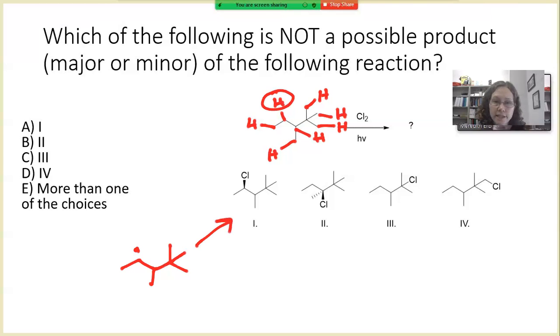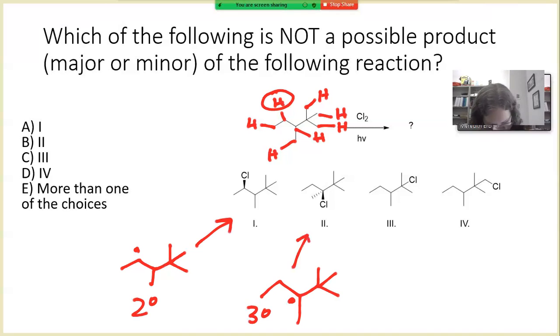We'd also make its enantiomer, the dashed back chlorine. Molecule two comes from this free radical, which is tertiary. And the tertiary radical is going to be our most stable radical. So this one would lead to the major product. So this would be kind of the major product of this reaction because it comes from the most stable radical.